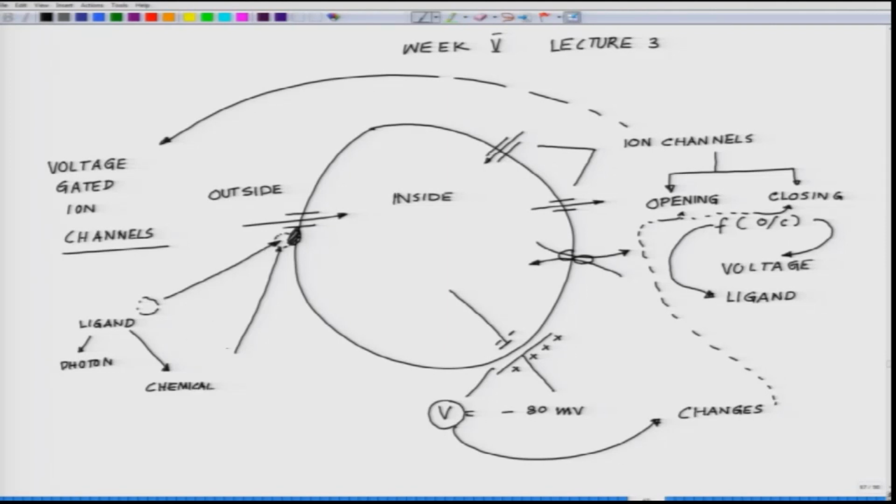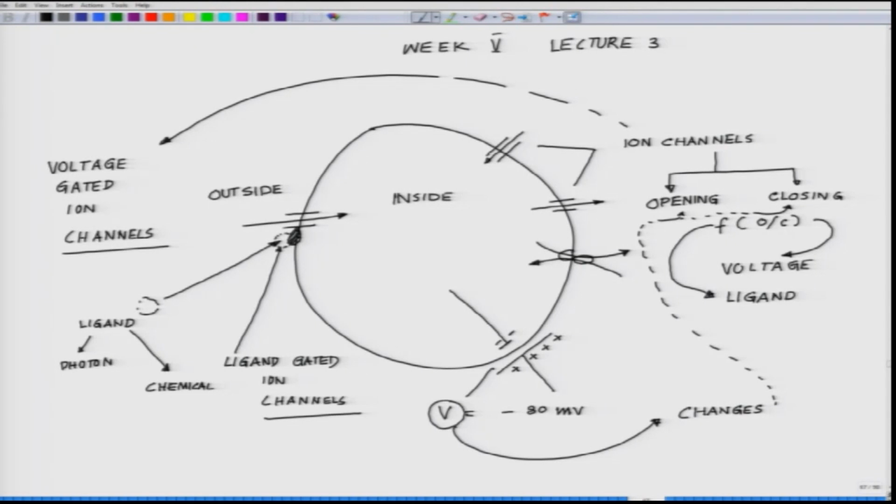Okay. So, these kind of channels are called ligand gated, because it is the ligand binding which leads to the opening and closing of the channel. Okay. Ligand gated ion channels and voltage gated ion channels.